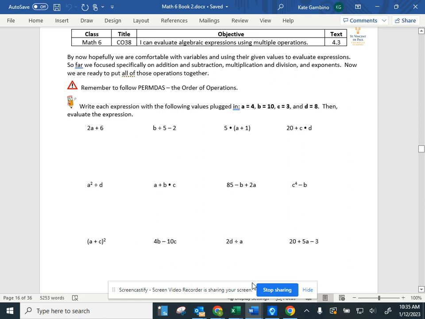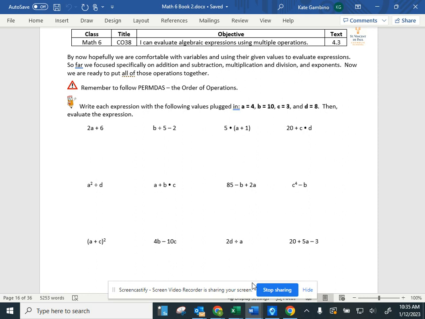Good morning. We are continuing to work on our unit with mathematical expressions. Today we are doing CO38. I can evaluate algebraic expressions using multiple operations. So what we've done the last couple of objectives was just adding, just subtracting, just multiplying, just dividing.